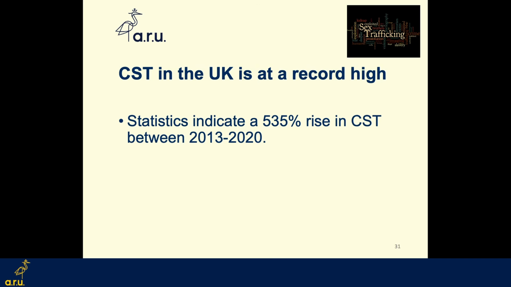COVID was at its high point then, and these are the cases that have been reported via the NRM, not the ones that we don't know of. What I'm expecting when the new statistics are published in the coming weeks is that we will probably see an explosion, and it will probably rocket quite significantly because of the plateau that we saw in 2020.